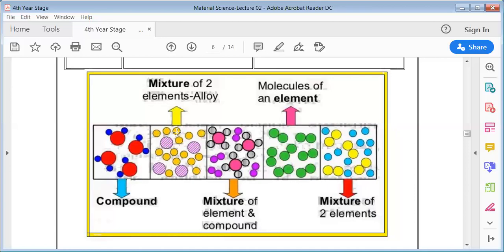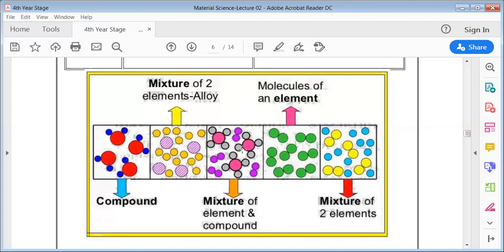So this is an element, and this one is an element as well. It's not a compound, but because two different elements exist with each other and they're not combined with each other, it's a mixture. And because it's a mixture of two elements, usually we call it an alloy. So an alloy is a mixture of at least two elements.